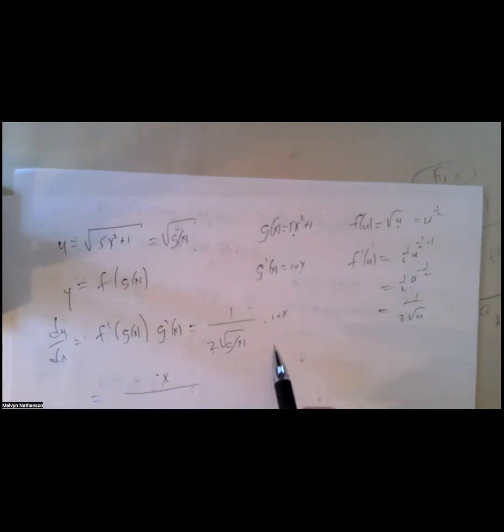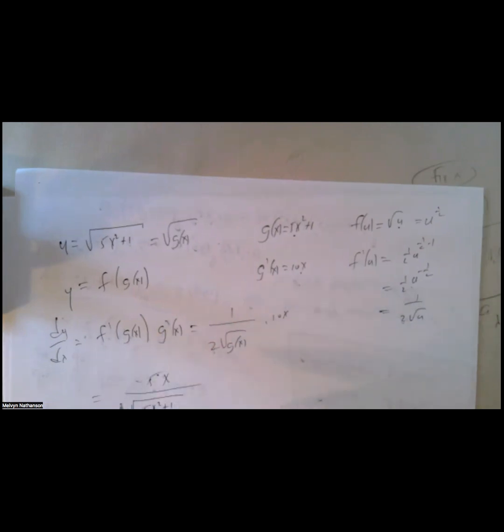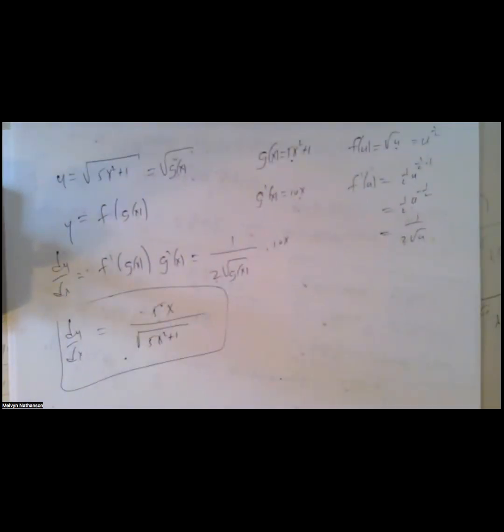And see, this is 10 over 2, so I have 5x over the square root of g of x, over the square root of 5x squared plus 1. Right? Any questions about this?